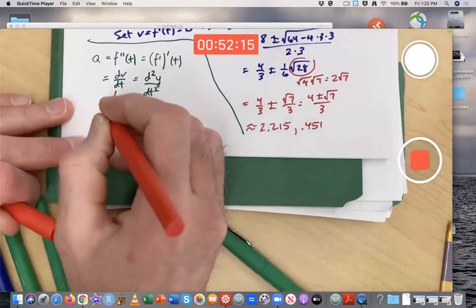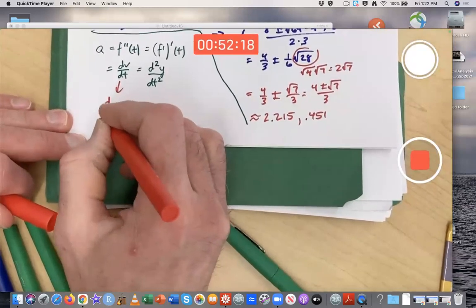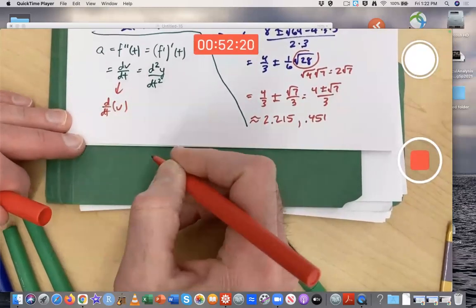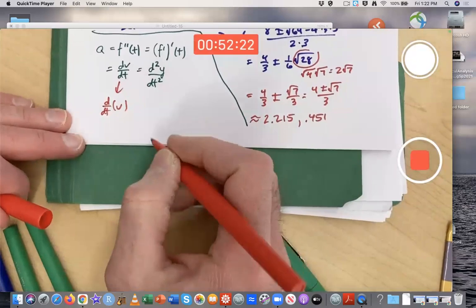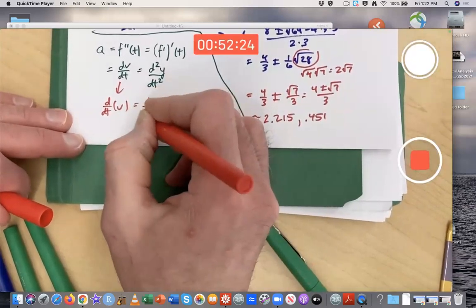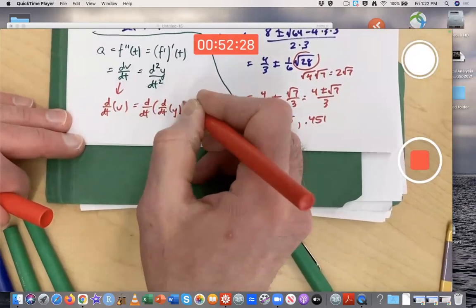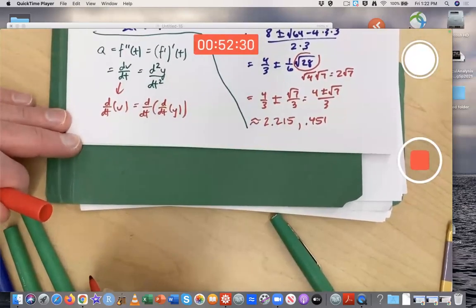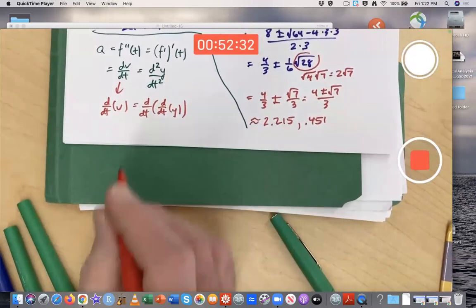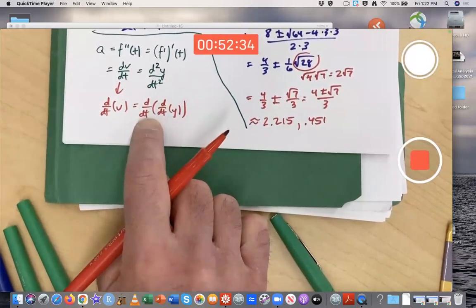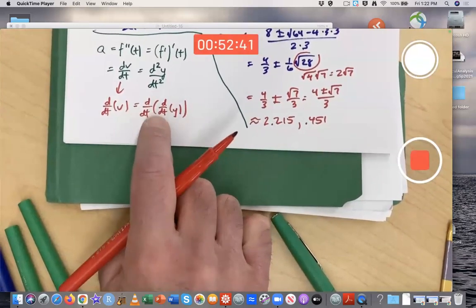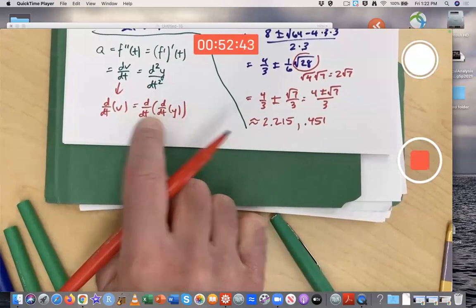You could think of this as d dt of v, but the v can be thought of as d dt of y. And you're not multiplying these operators, you're really composing them. Do d dt, then do it again.